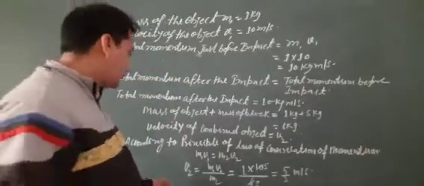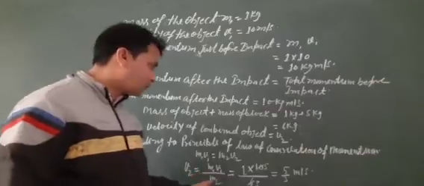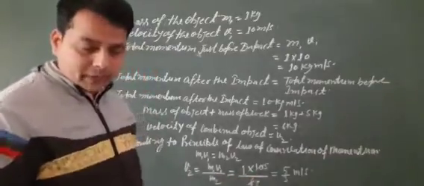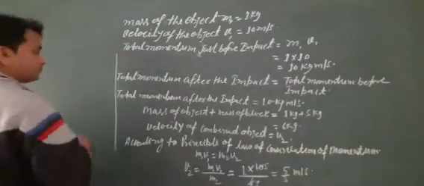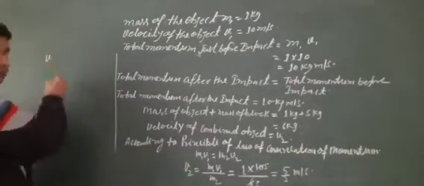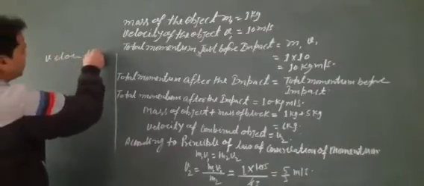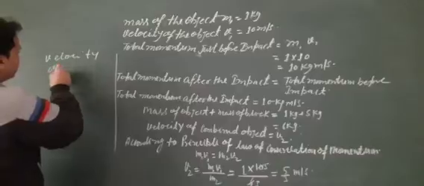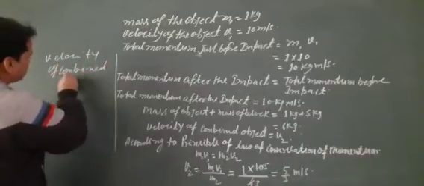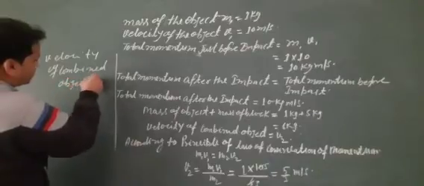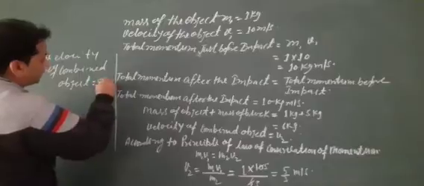So the velocity of the combined object is 5/3 meter per second.